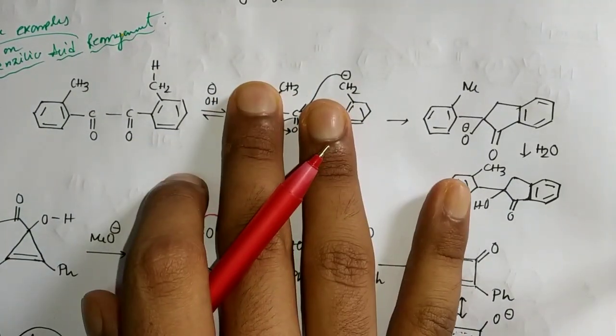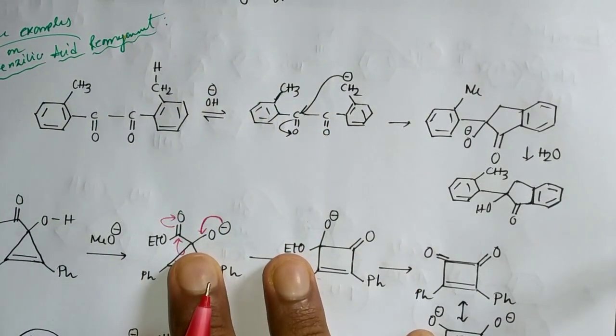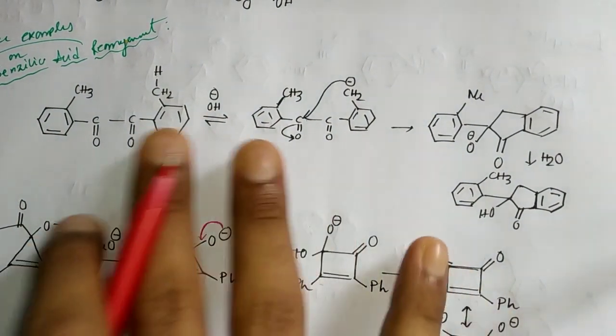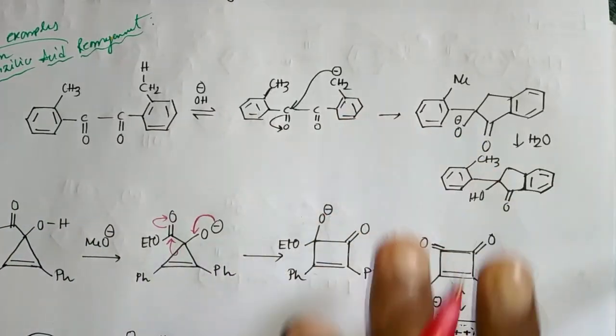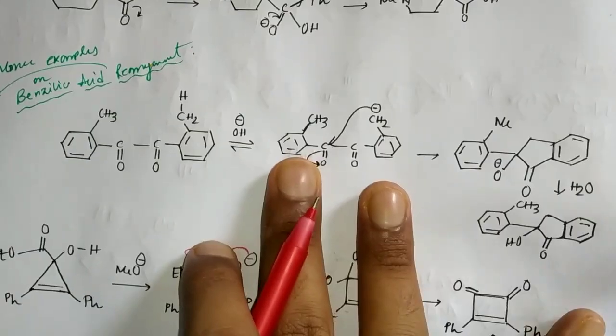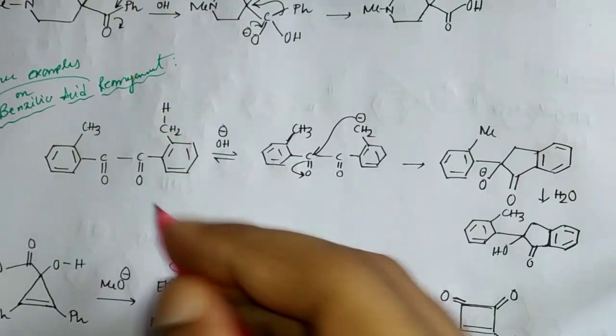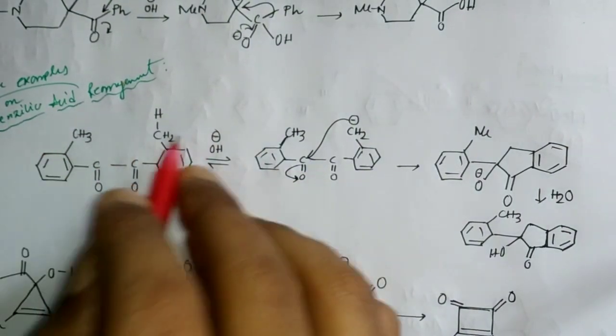Now one more important, similar kind of example I have written over here, which is very important. This is not just a direct benzilic acid rearrangement, but a benzilic acid rearrangement in a different way. See, you have this OH minus over here, and you have a methyl substituent on this phenyl group.